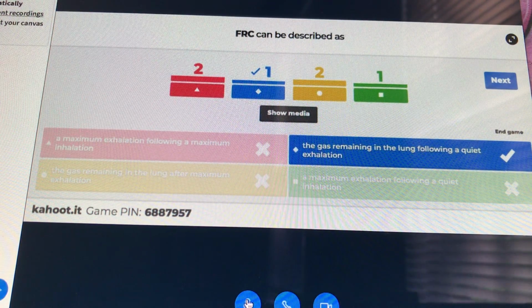Oh, okay. And then the gas remaining in your lung after a maximum exhalation is what? Residual volume. That's your RV. That's what you can't blow out. So after you blow out all that you can, what's left? RV. Okay, and then the maximum exhalation following a quiet inhalation.